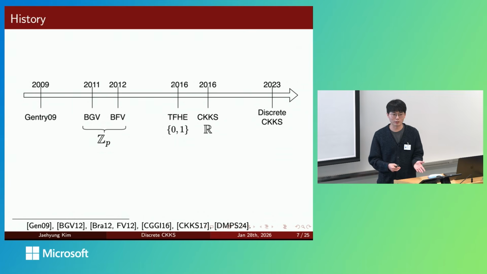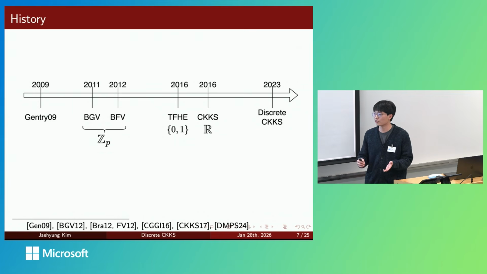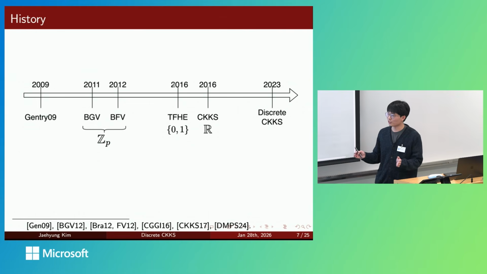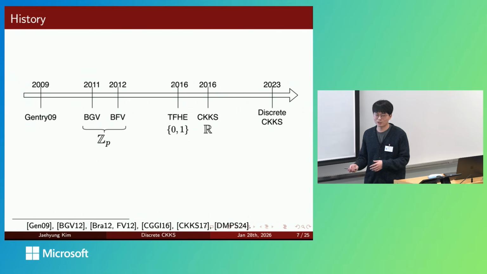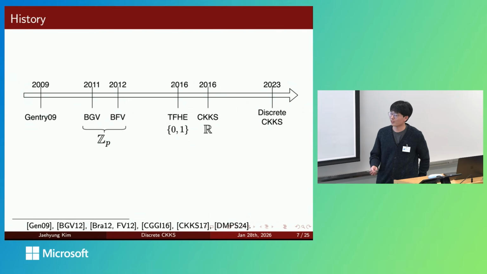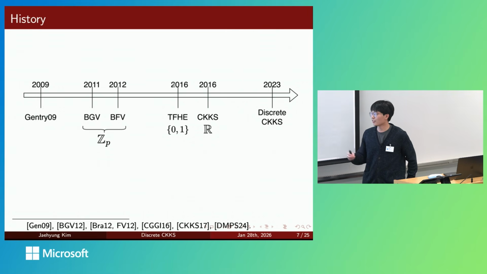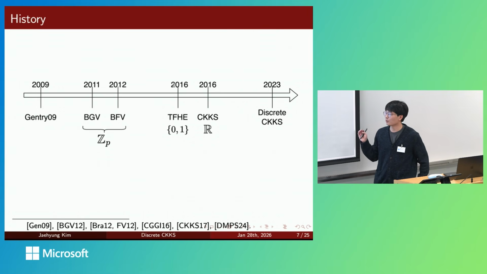Even a single addition or multiplication took so much time, and it was not something you could use in your application. But since then, these developments improved the performance by orders of magnitude, and now the performance is still far from plaintext computation, but usable in real-world scenarios.